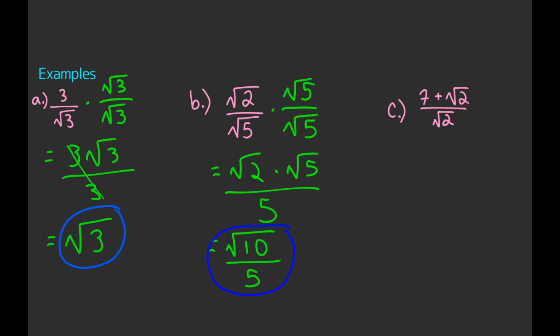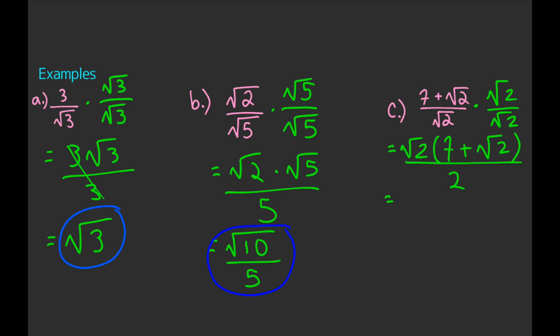Alright, so on to example C, we have 7 plus the square root of 2 over the square root of 2. We're going to multiply the top and the bottom by the square root of 2. And that will equal the square root of 2 times 7 plus the square root of 2 over 2. Next we are going to distribute the square root of 2 in the numerator.